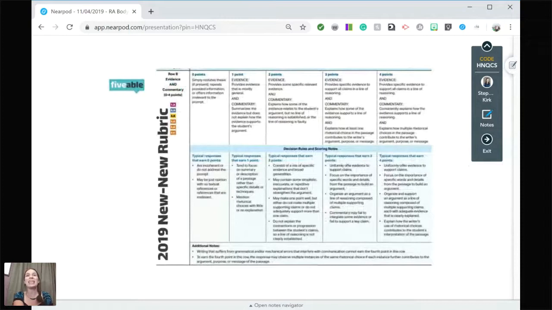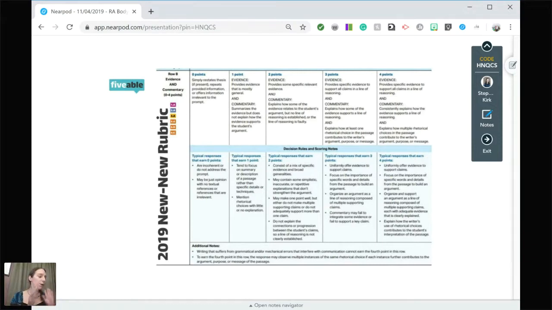So in this screen, kind of what you see is the new rubrics. Now, I call it the new rubrics because these are the ones that just came out. And I recommend that you take the new rubrics and print them out and keep them with you, okay? So I actually have my new rubric right here.